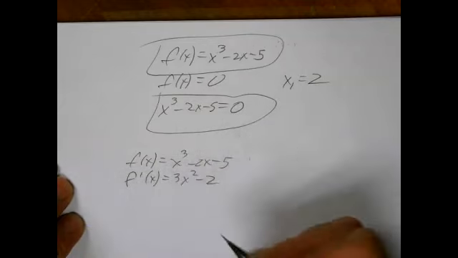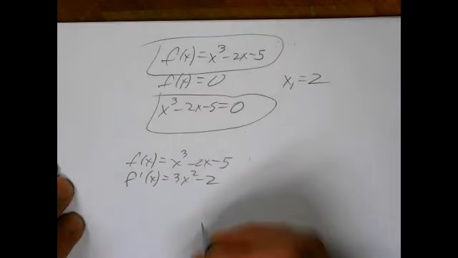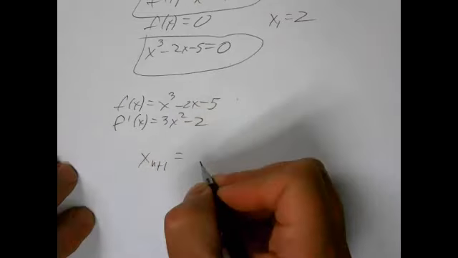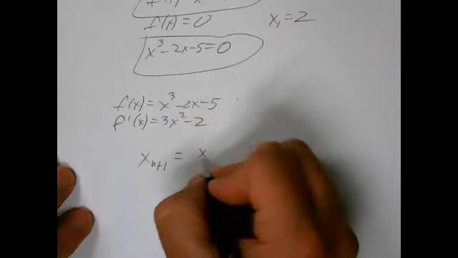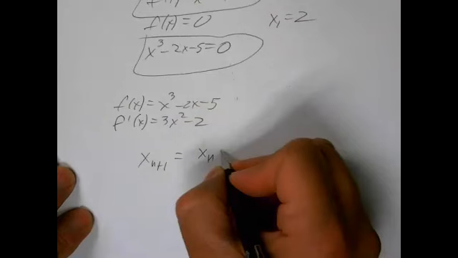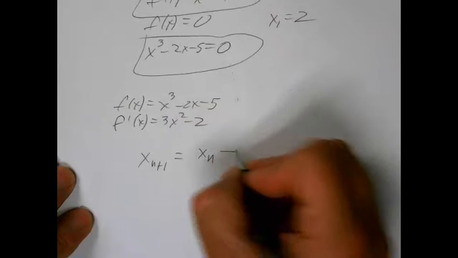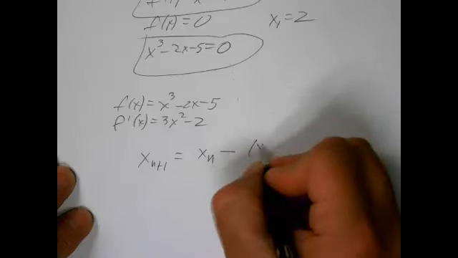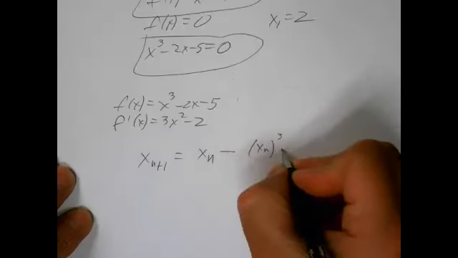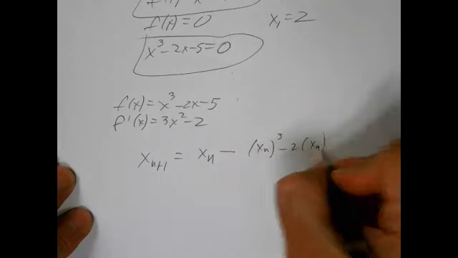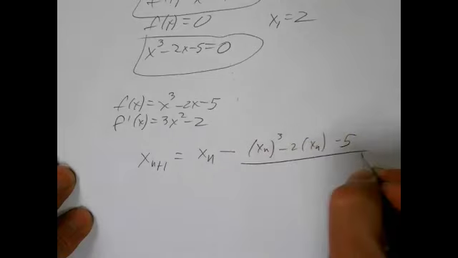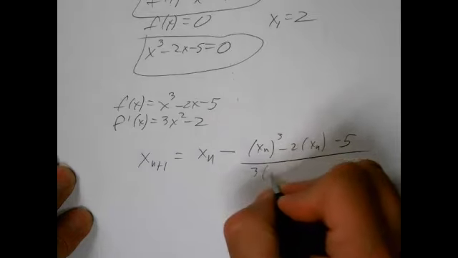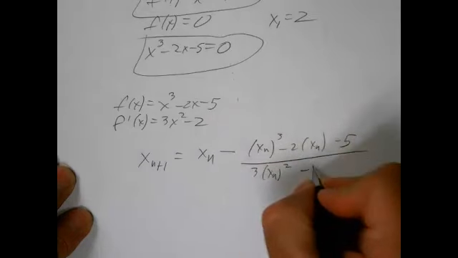So the algorithm will say your next guess is equal to your last guess minus f of x sub n, which is x sub n cubed minus 2 times x sub n minus 5, over f prime of x sub n, which is 3 times x sub n squared minus 2.